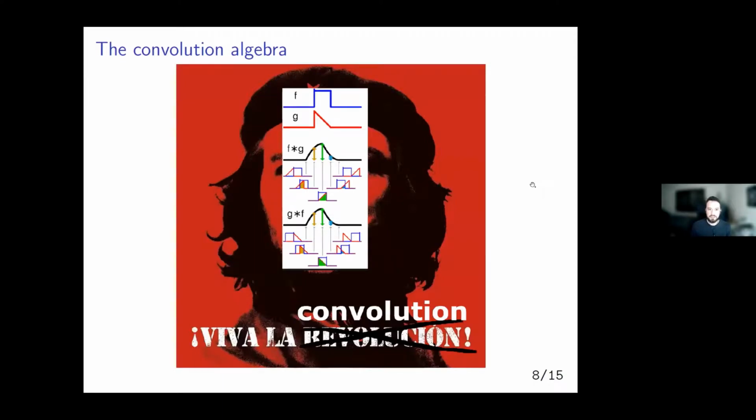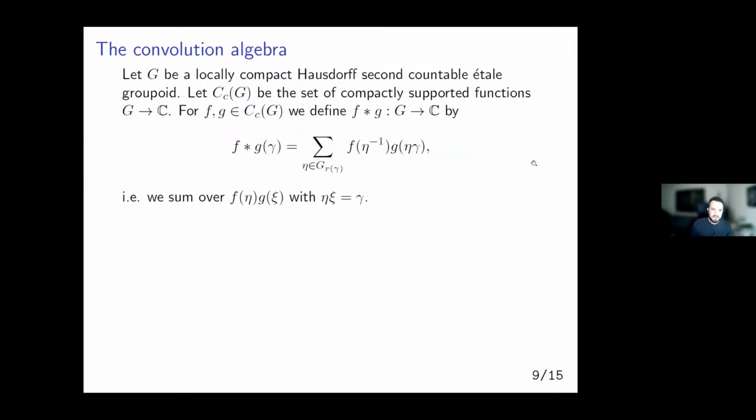Oh yeah, we want a convolution algebra, so vive la convolution. So we start with our locally compact Hausdorff second countable étale groupoid, which some people just call a nice groupoid. And we look at the set of compactly supported functions from the groupoid into the complex numbers. We call this C_c(G). For two elements in C_c(G), we can define their convolution by saying f star g at gamma is summing over the elements of the source fiber over the range of gamma and writing this thing.